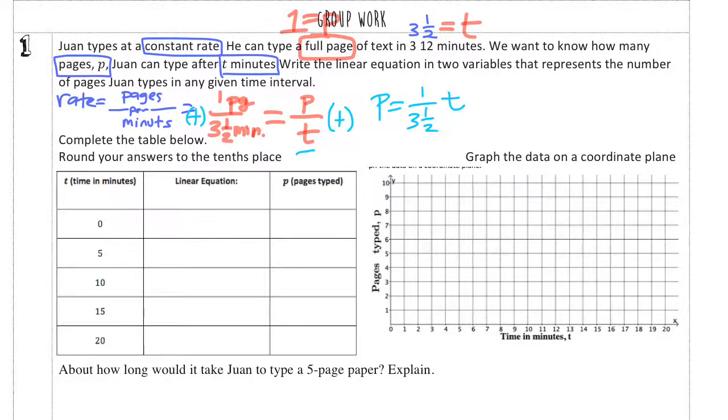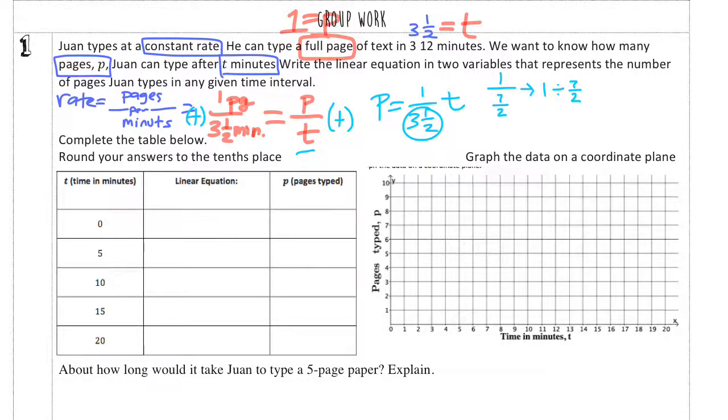First off, I'm going to take this 3.5 and write it as a mixed number. So instead of writing 3.5, I'm going to write 7/2. So I have 1 divided by 7/2. Now I'm going to write this out horizontally. So I'm going to write 1, the symbol I hate, divided by 7/2.